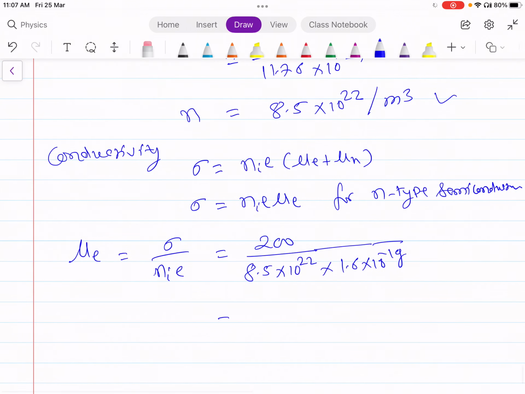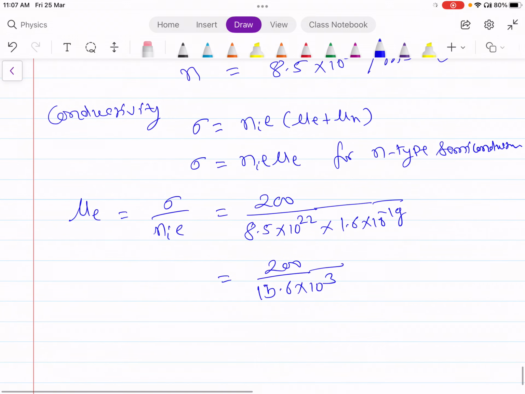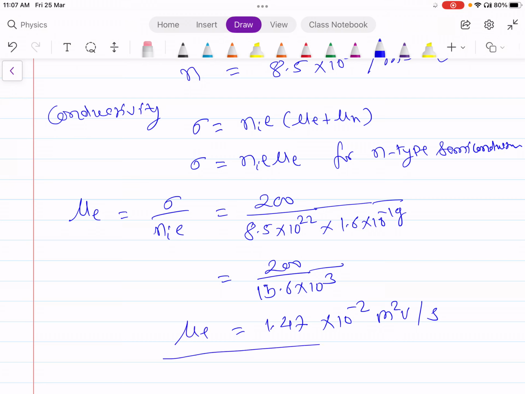If you simplify it, that is 200 upon 13.6 into 10 raised to 3, which is equal to 1.47 into 10 to power minus 2 meter square per volt second. So this is the mobility of electrons in this n-type semiconductor.